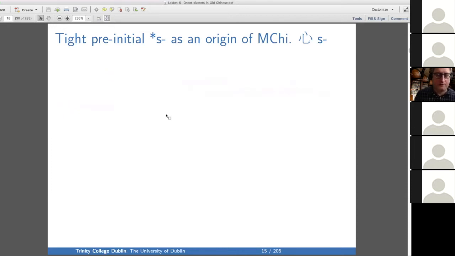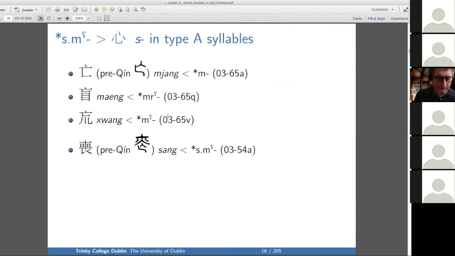So, pre-initial S as one of the origins of Middle Chinese S. Here's a shesheng series where you see contact between M-initial words and an S-initial word.